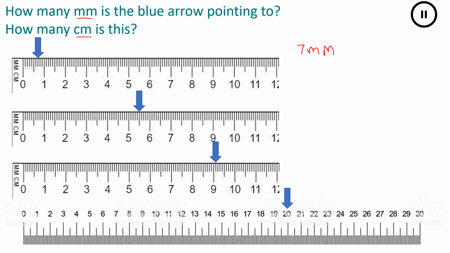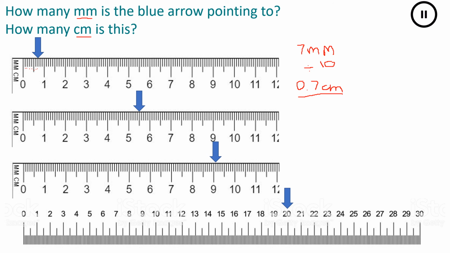To convert from millimetres to centimetres, I need to divide by 10. 7 divided by 10, I need to think about place value here, is going to be 0.7 of a centimetre. That is equivalent to 7/10. There are 7 millimetres being pointed to out of 10, which is 7/10, which is equivalent to 0.7 centimetres.